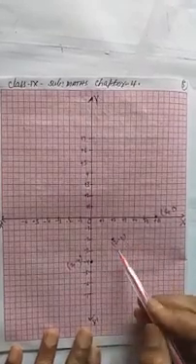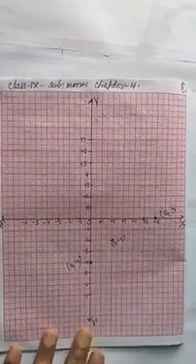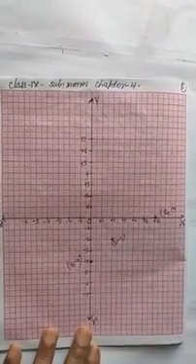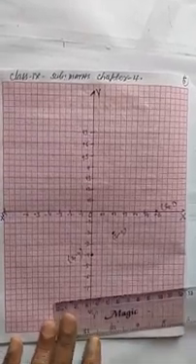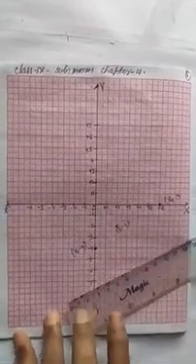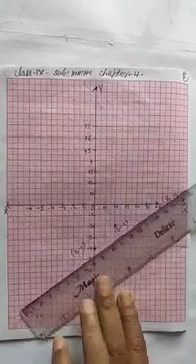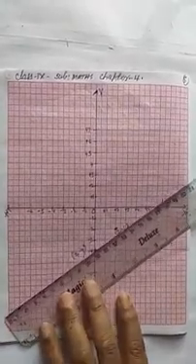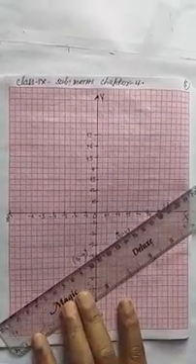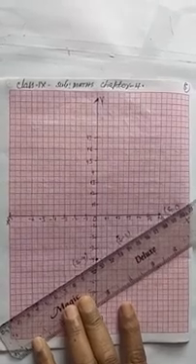Now after plotting the points, we have to join them with the help of a scale. I am doing it here with a pen, but you should use a pencil. After putting the points like this, we get a straight line.